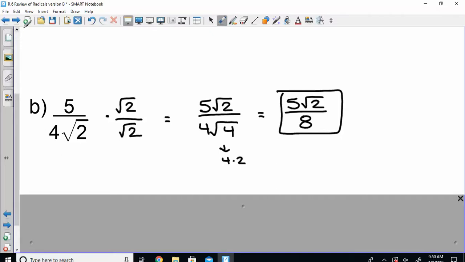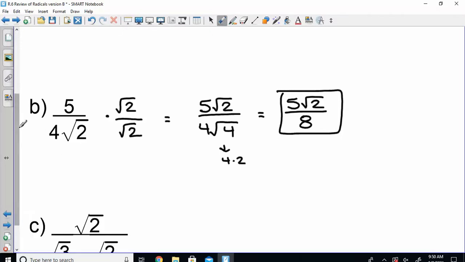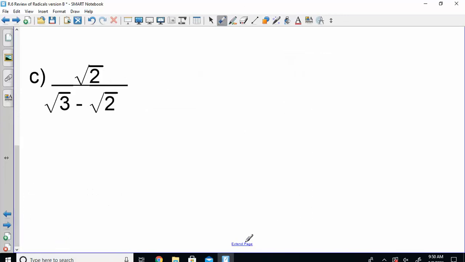Let's do this one. So this is different for a couple reasons. First being, I have more than one radical on the bottom. Second issue, we have more than one term on the bottom.